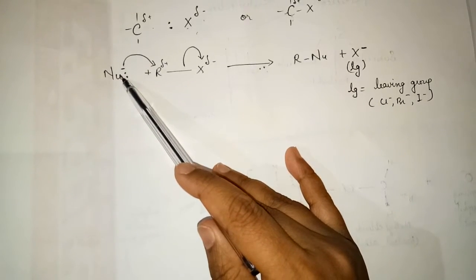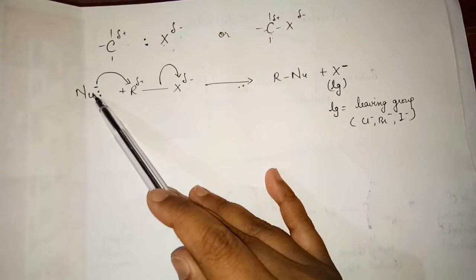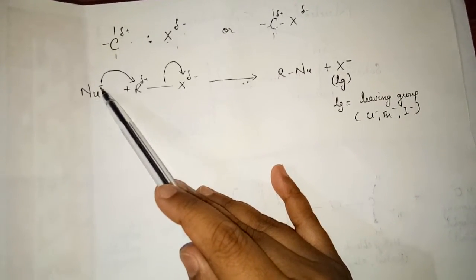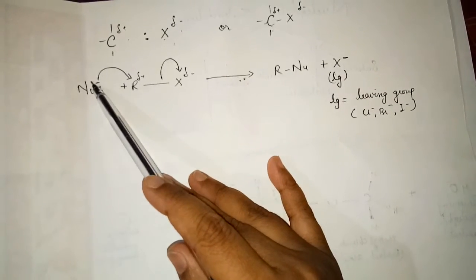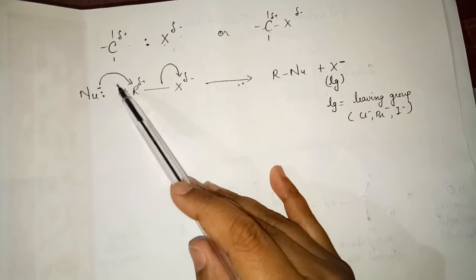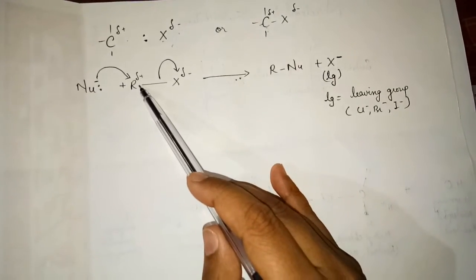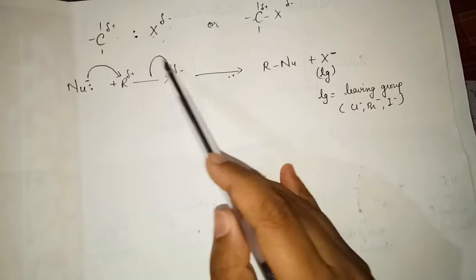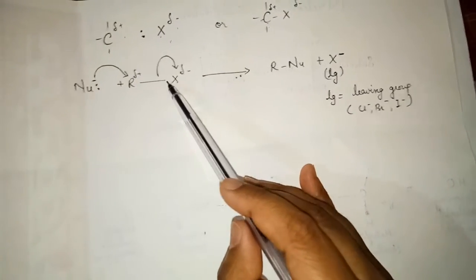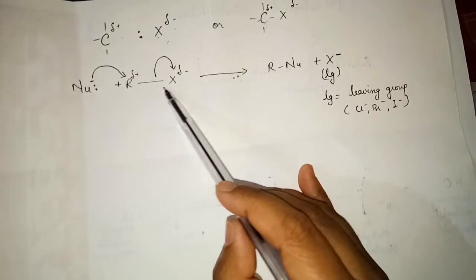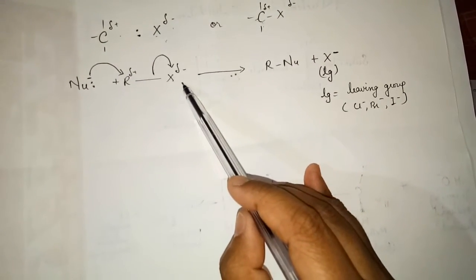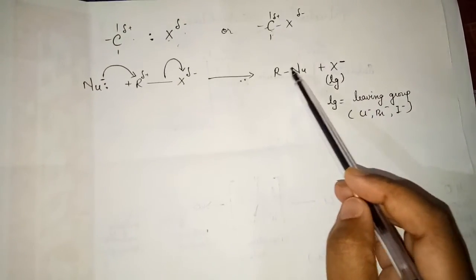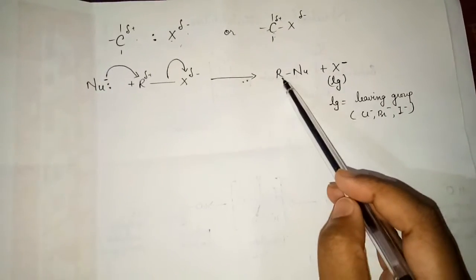Nucleophiles or nucleophilic reagents are the reagents possessing a negative charge or a lone pair of electron. You can see a negative charge here. When a nucleophile stronger than halide approaches the positively charged carbon atom of alkyl halide, the halogen atom with its bonding pair of electron is displaced and a new bond between carbon and the incoming nucleophile is formed.